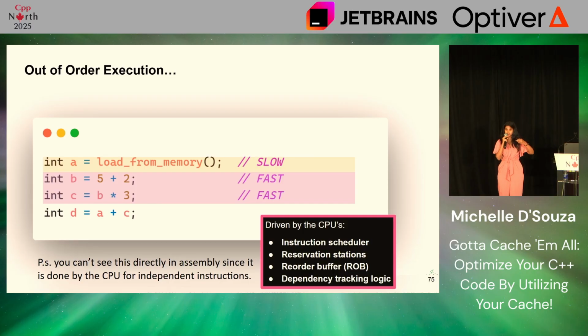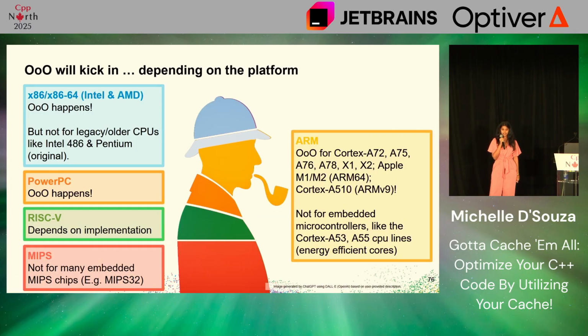So it's essentially doing instructions out of order, and it would only do this for instructions that are independent.